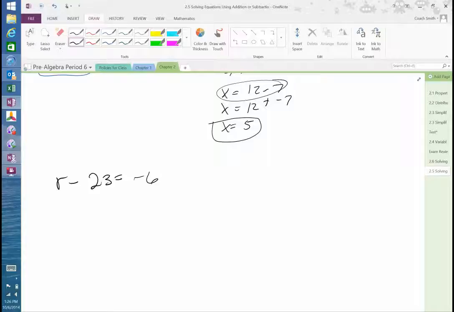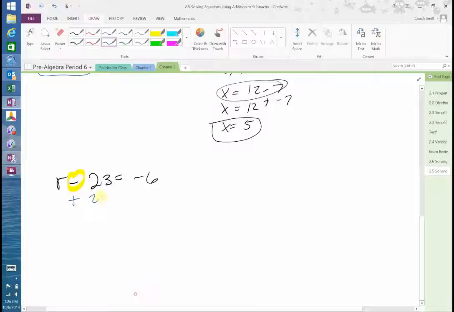So, what do I do here? All we got to do is, what is that sign? Subtraction, right? Okay, so what's the inverse of subtraction? Addition.